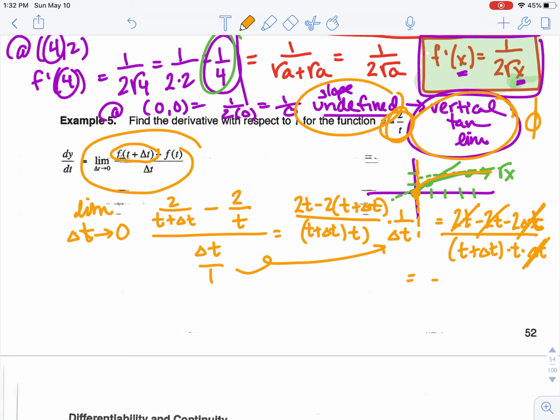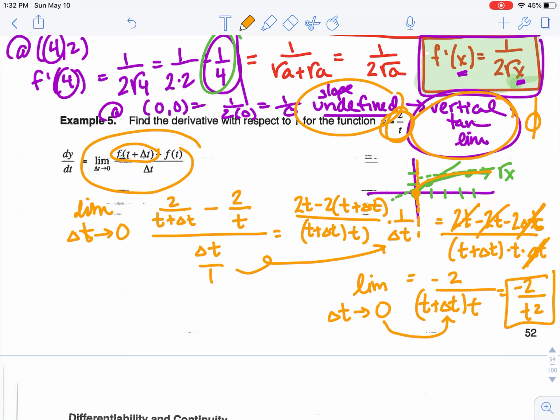So now I should be left with negative 2 over t plus delta t times t. But remember, we're taking the limit as delta t approaches 0. So I got to plug in a 0 here, do some direct substitution. So that just gives me t squared on the bottom. I kind of went through that fast, so take your time and make sure you get the same answer when you work on it on your own.